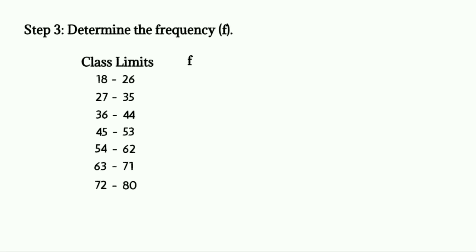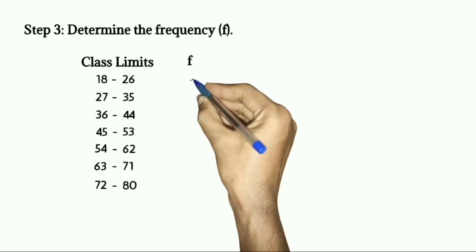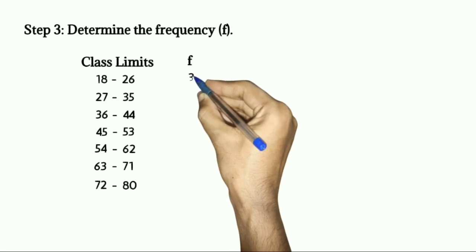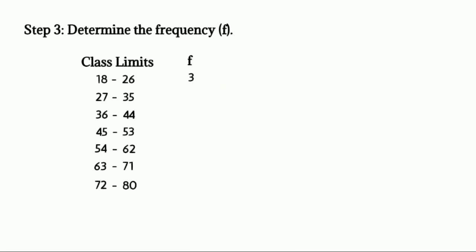So please refer to the ascending order of our raw data na nasa step 1. The values that are within the class limit 18 to 26 are 18, 19, and 24. Meron tayong tatlong values na pasok sa 18 to 26. Therefore, the frequency is 3.